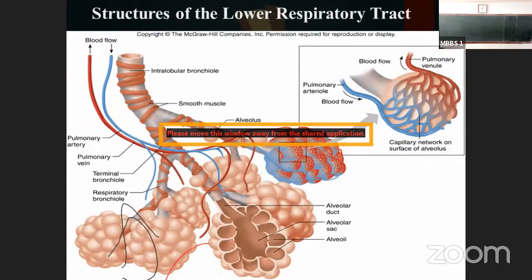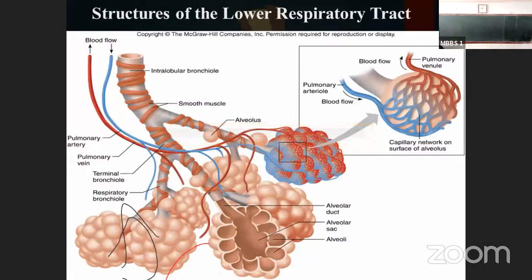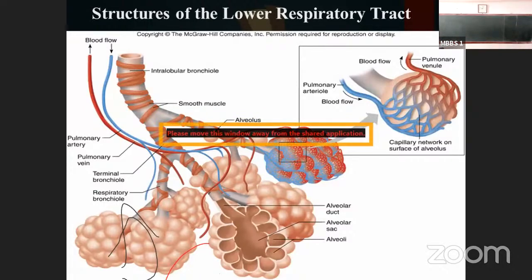Size of the diameter of the alveoli varies in the range. So what happens? Which alveoli are located at which place? That again varies. So in the next lecture we will discuss the remaining part. Before that, you should read whatever we have discussed. It will be better to understand next time. Is it clear?